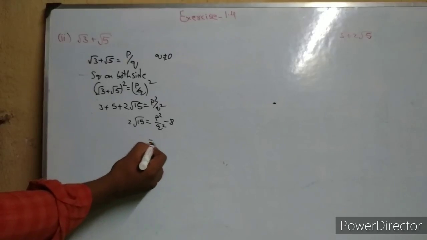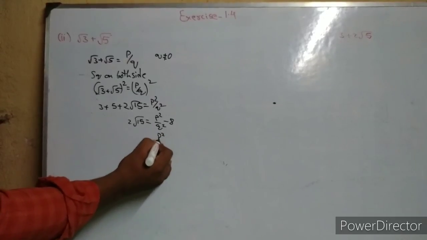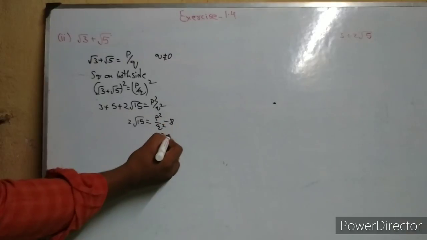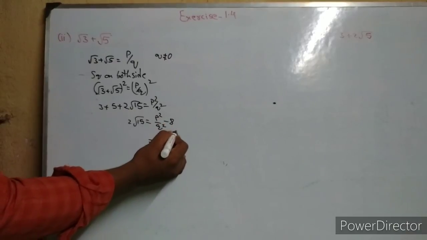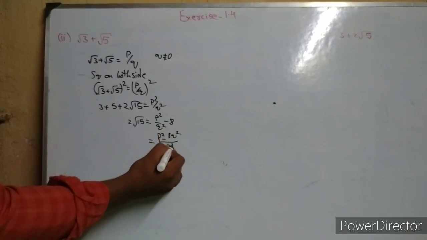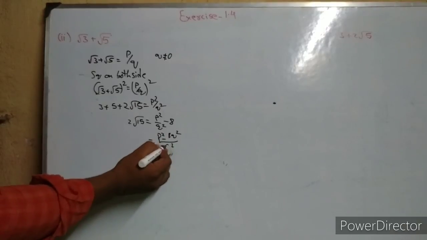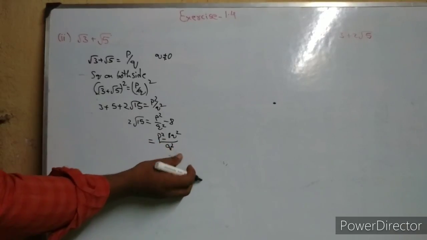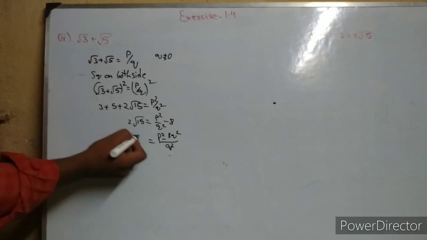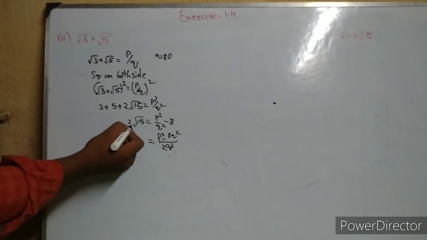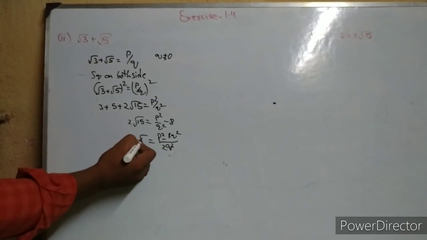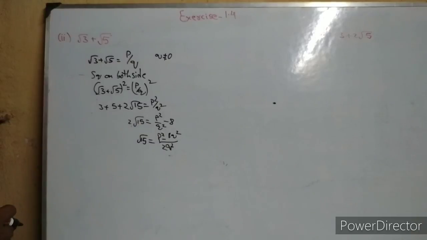And again, cross multiply with the q square: p square minus 8 q square by q square, right? So again we are transposing this 2. It is multiplying here, dividing on the other end. So root of 15 is equal to (p square minus 8 q square) by 2 q square.